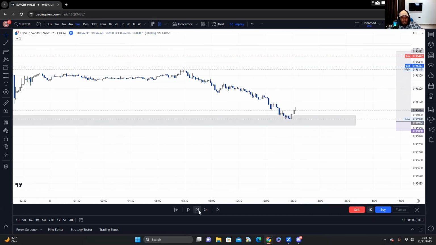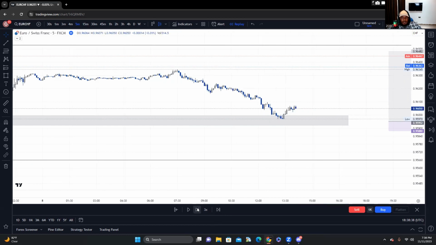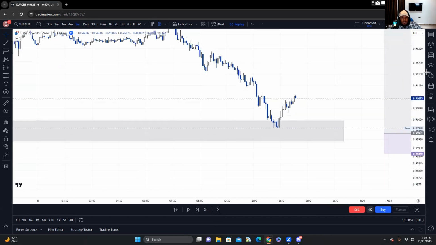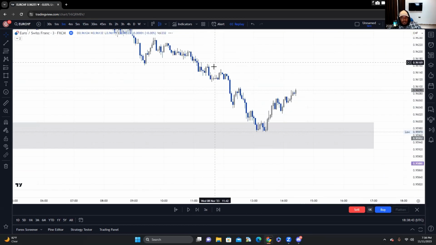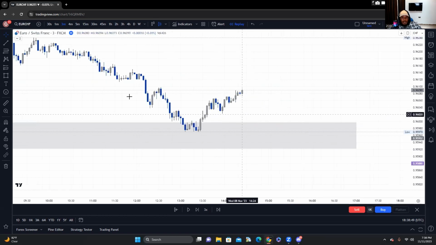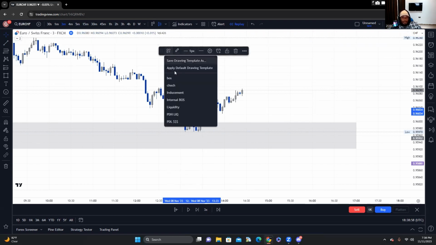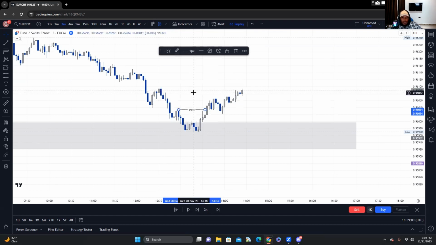So on the 5-minute time frame now, I'll see that price has tested our order block, right? So what's the next thing that it does? It comes here, puts in this low, takes out this high, and what happens? We have a change of character within this small time frame, right?